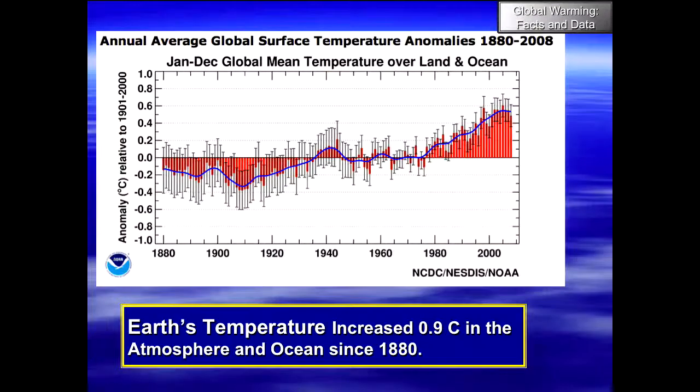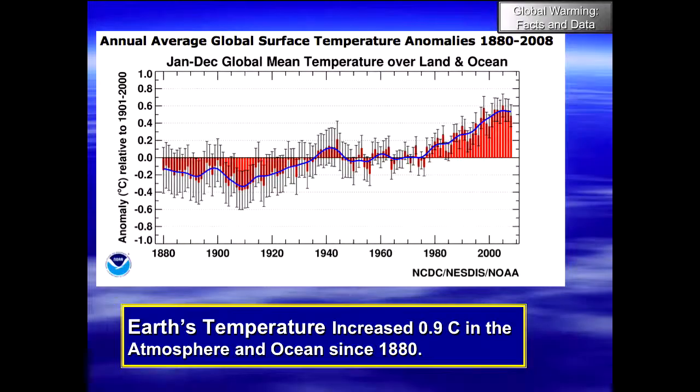And let me now show you just the last 130 years. Going back to 1880, this blue line shows you the averages, and you can see the temperature relative to the average, which is placed at 0. The global surface temperature was sitting around in here, and then it began rising.